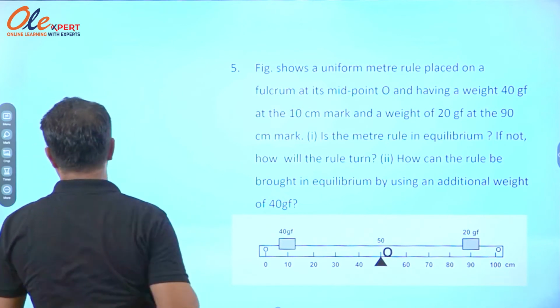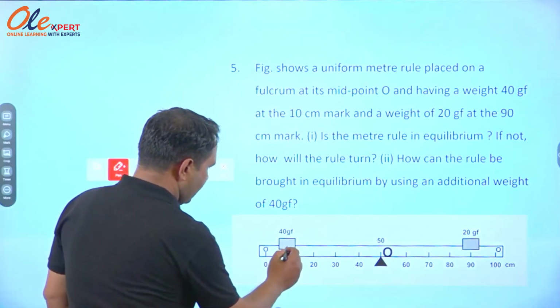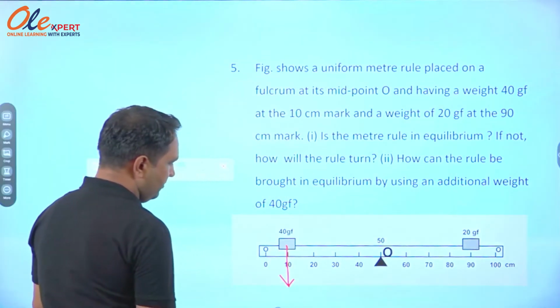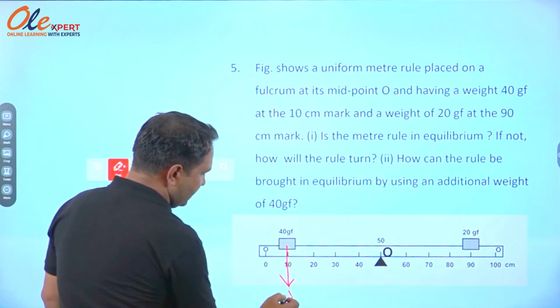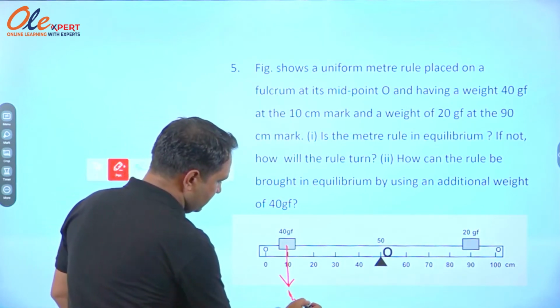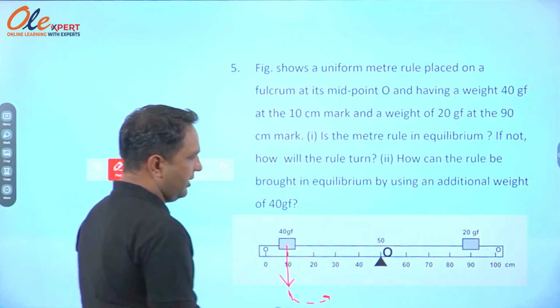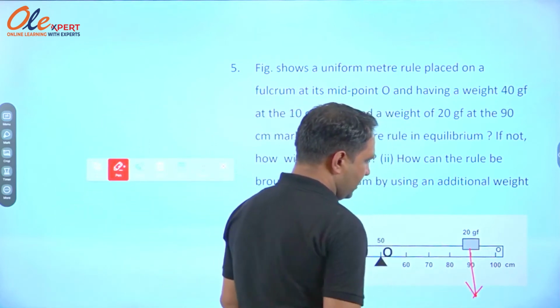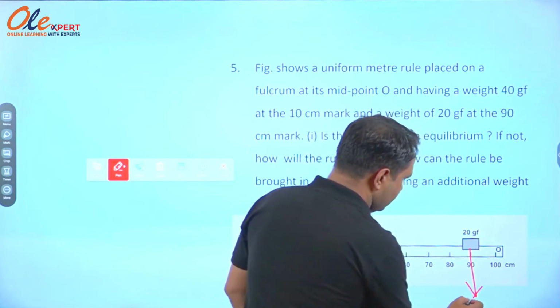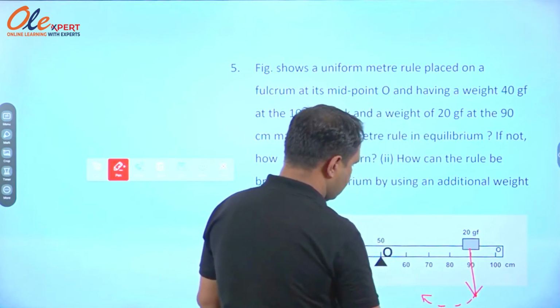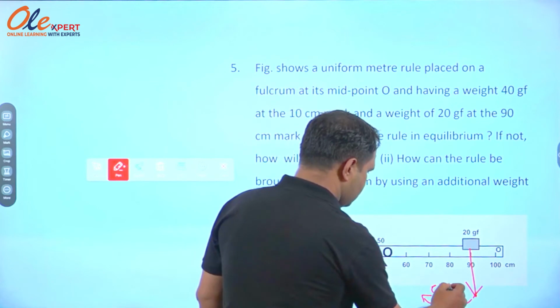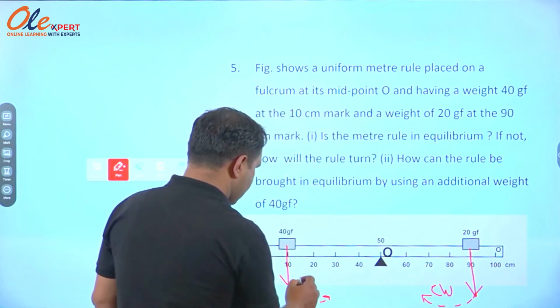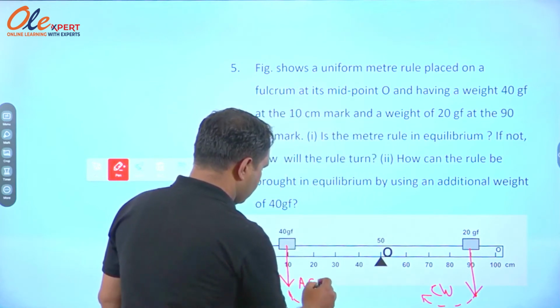The question is that, is this meter rule in equilibrium? So let's see. If we hang some mass here, it will try to rotate it in which direction? In this direction. And if we suspend some mass here, it will try to rotate it in this direction, right? So this is clockwise moment of force and it is anti-clockwise moment of force.